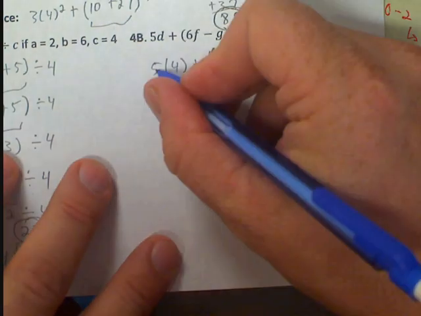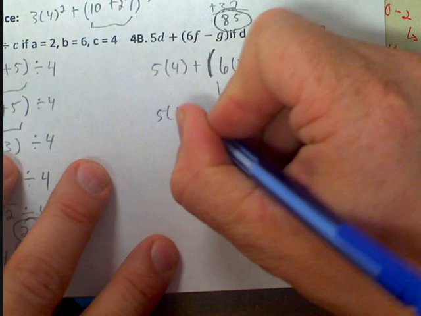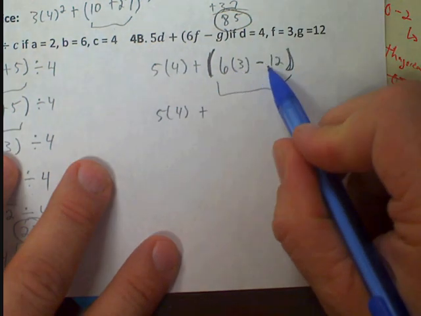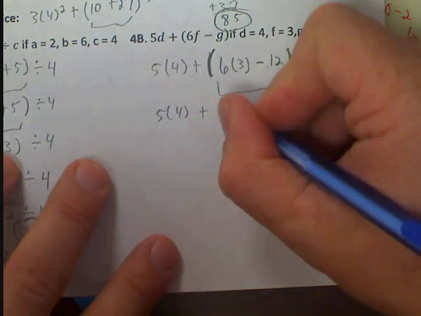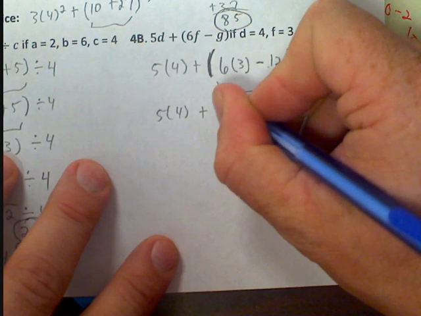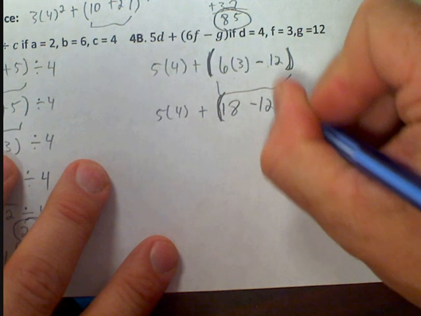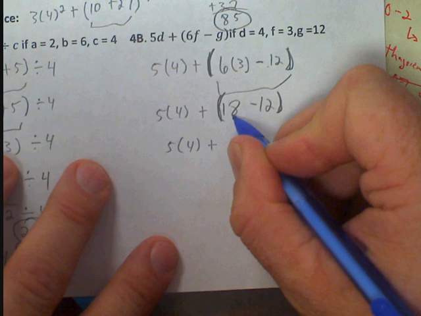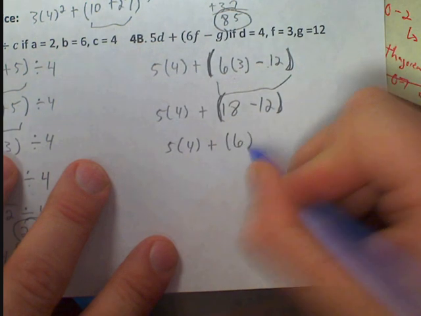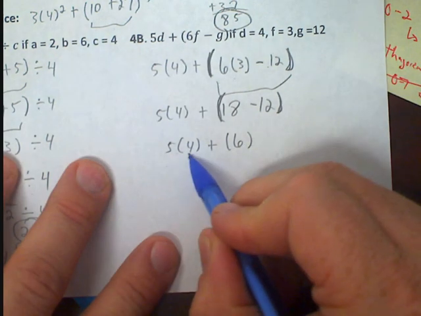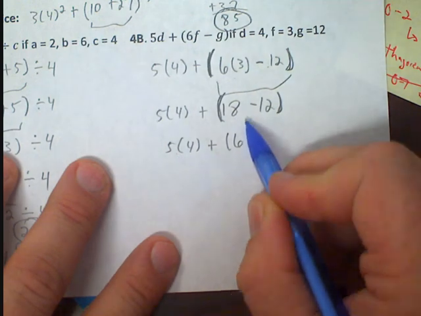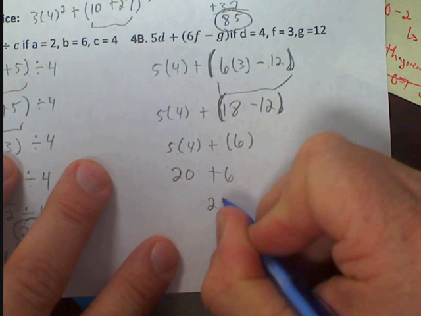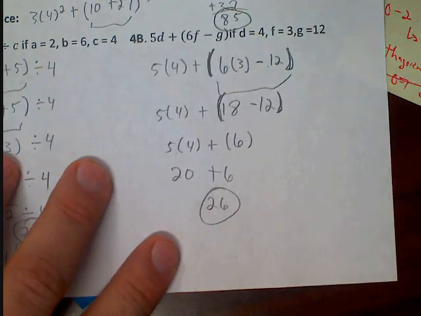So I got 5 times 4 plus, what comes first in parentheses? Multiplication or subtraction? Multiplication. So we would have 18 minus 12. 5 times 4 is on the outside still. 18 minus 12 is 6. Now multiplication comes before addition because I'm outside the parentheses. 20 plus 6, 26. And we are done.